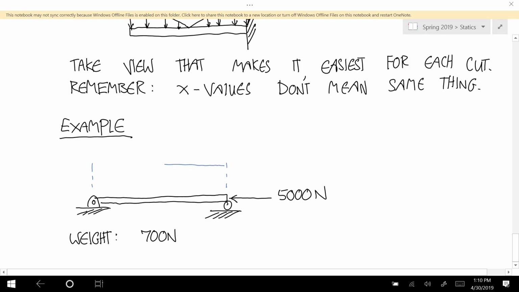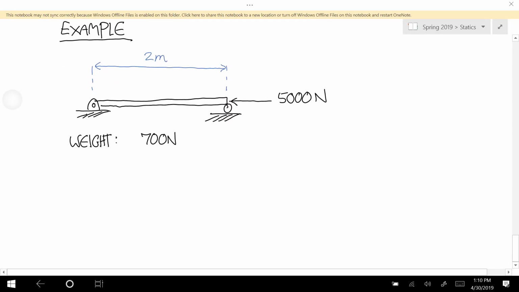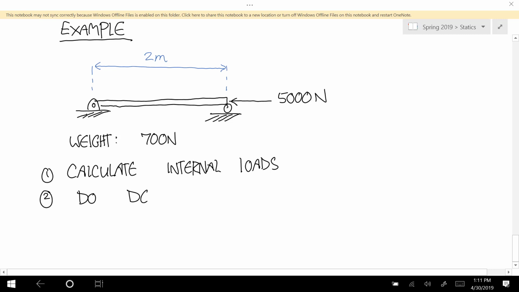And let's say the length is 2 meters. Calculate the internal loads. Do the derivative checks.